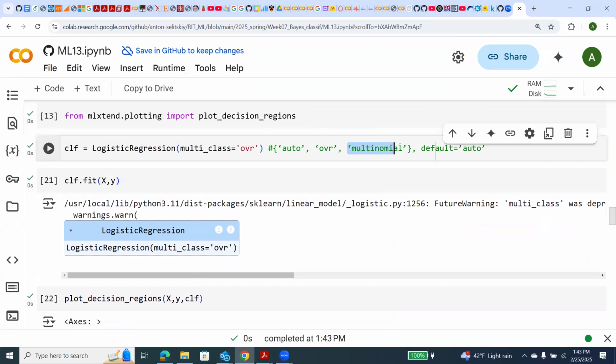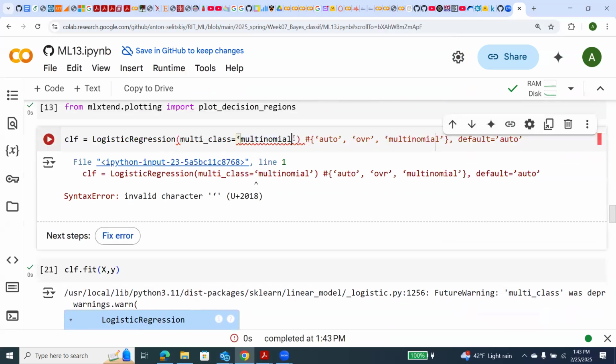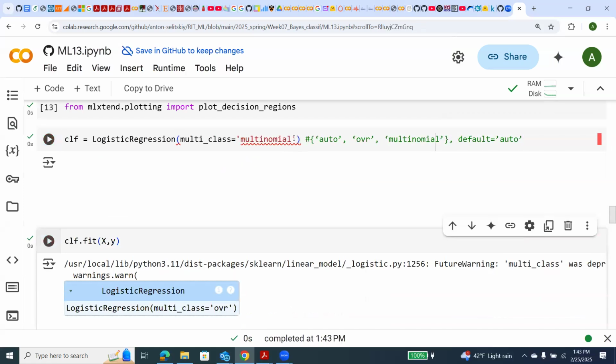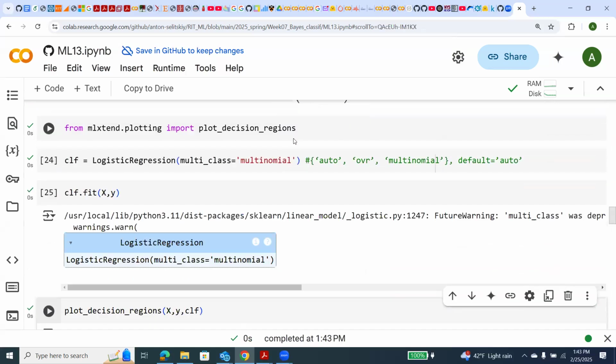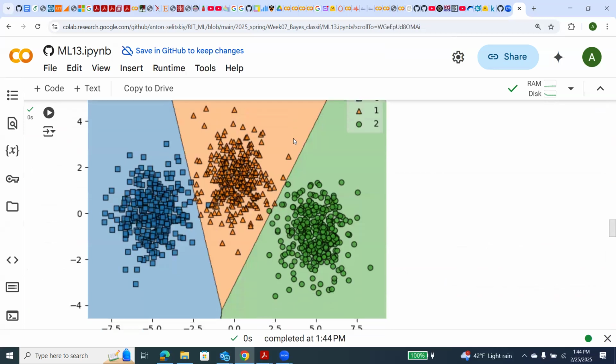I was thinking that the default, I believe multinomial, is default. No, I think this is better than the previous one, because it kind of leaves this region classified as middle class.